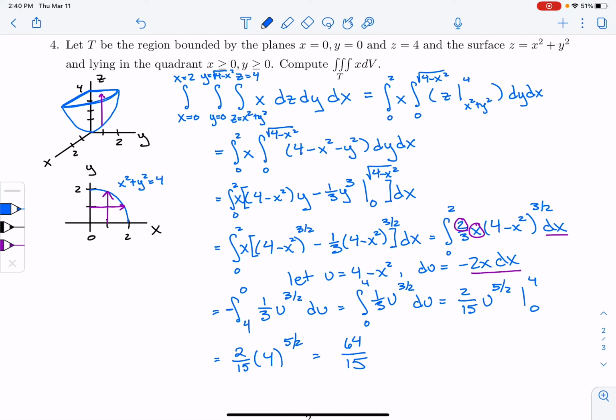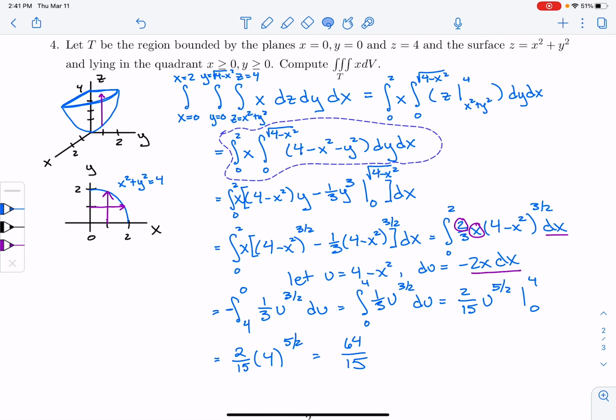And as you can see, that was quite a difficult integral to do because I was describing this very circular region in the xy plane using rectangular coordinates. So what I would like to do is take a moment and do one substitution that I could have done, say, earlier in the process of computing this integral, and see if we can make this integral just a little bit easier.